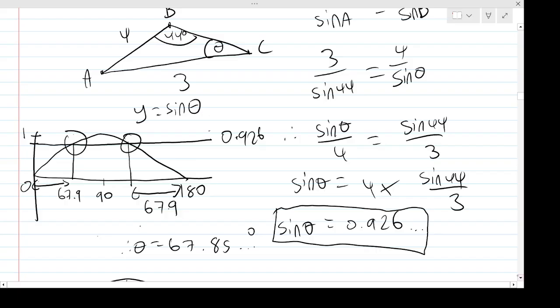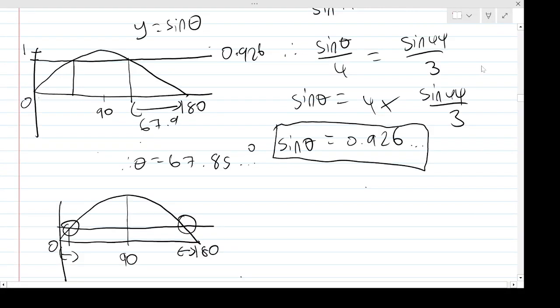So we can calculate the second solution, which again is here, because the gap again is 67.9, which is the same as the gap between 0 and the angle of 67.9. So again, the gaps are the same: 67.9 here and 67.9 here.